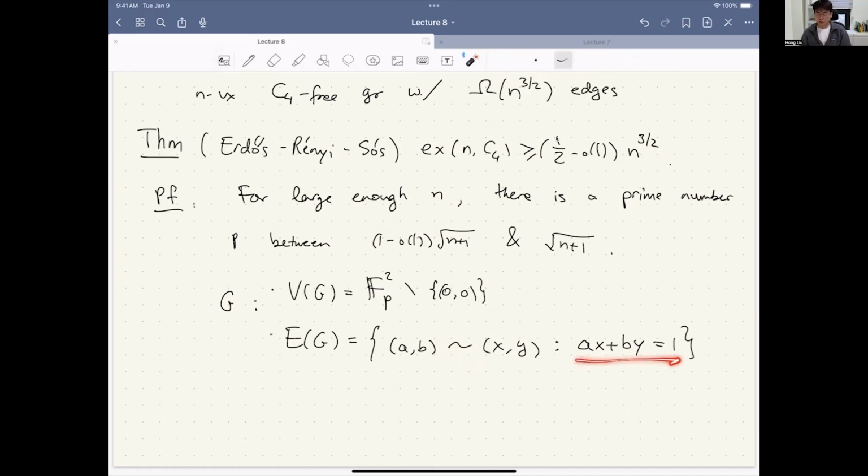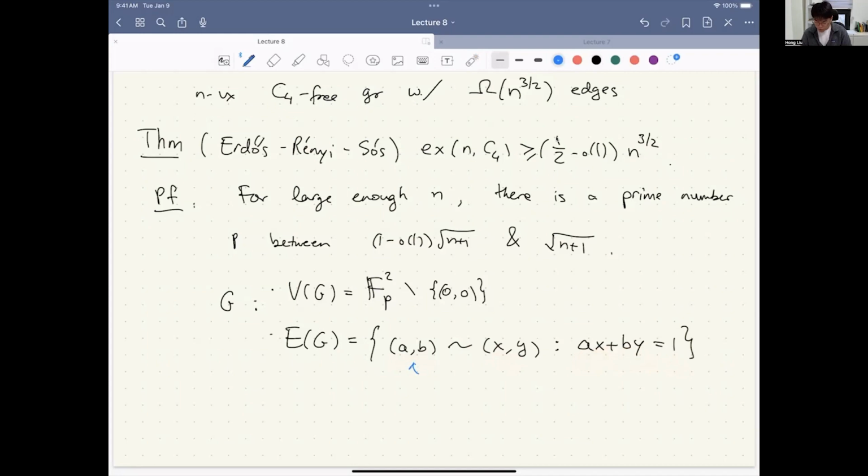One way of remembering this construction is that we have vertices here. You can consider it as a point in here. You can also consider it as a line with these two parameters. So a line is adjacent to a point if and only if this point lies on this line. That means they satisfy this equation.